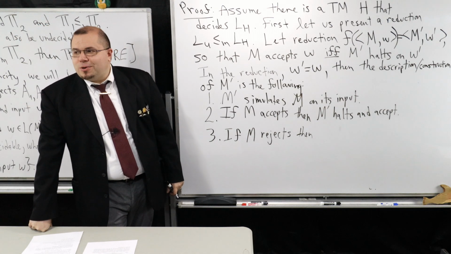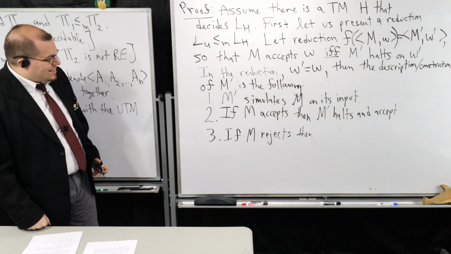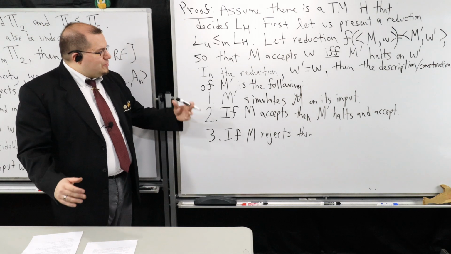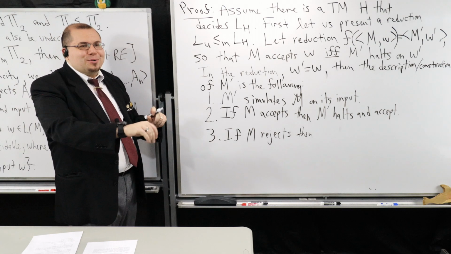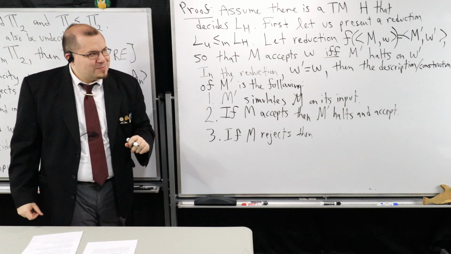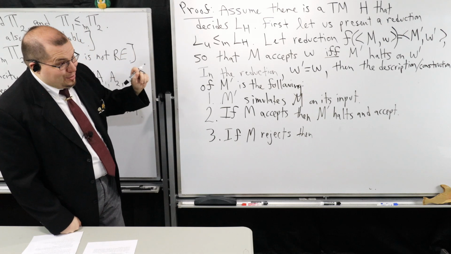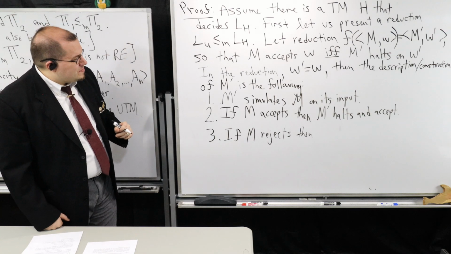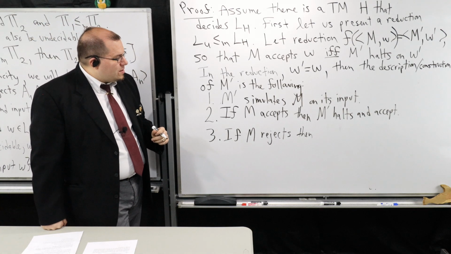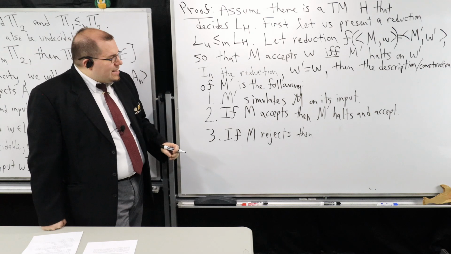So if it rejects, what should we do? Remember, we want to give this machine over to my algorithm for the halting problem. And remember, I'm assuming it actually works.